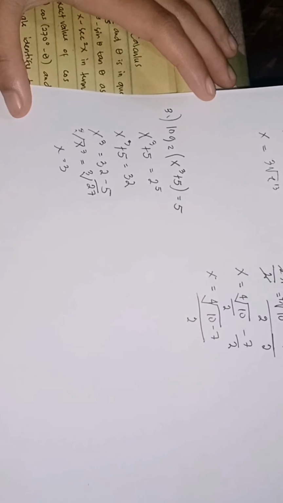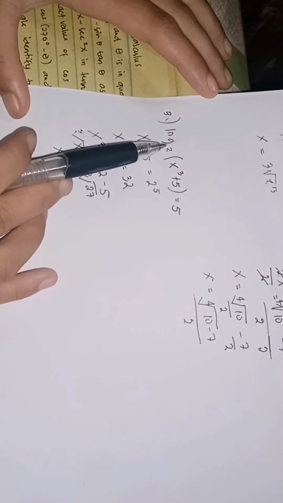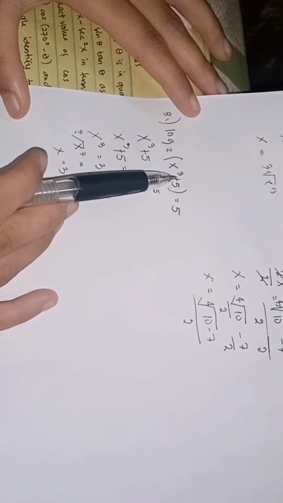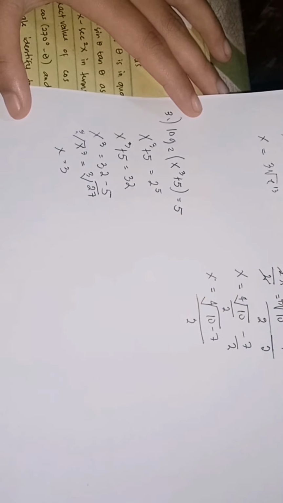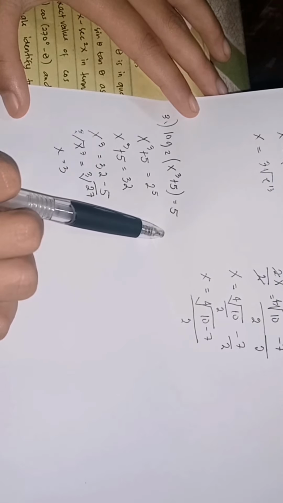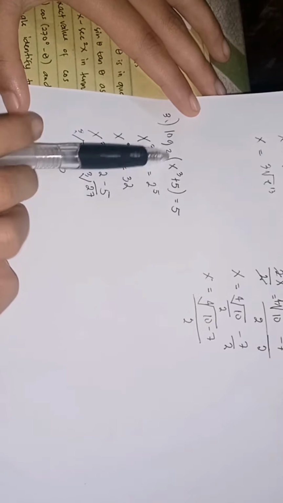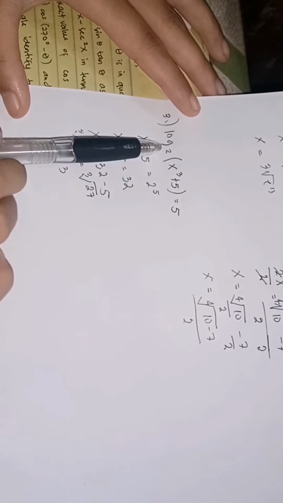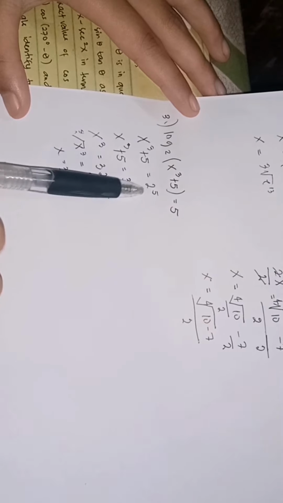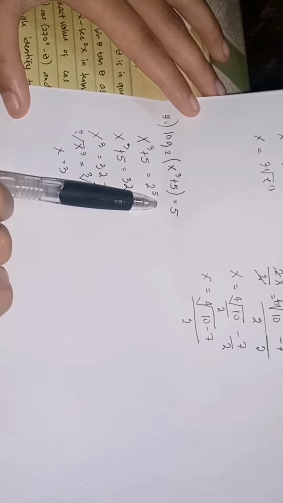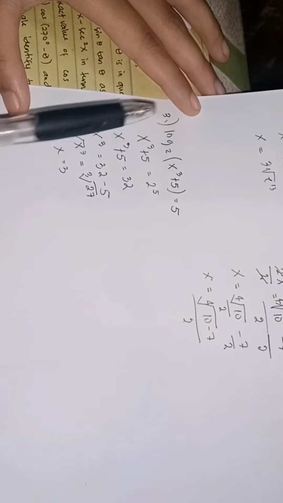For problem number 3, we have log base 2 of the quantity x cubed plus 5 equals 5. First, we transpose the logarithm to the right side. So x cubed plus 5, and our base is 2, and always remember that the constant becomes the exponent.